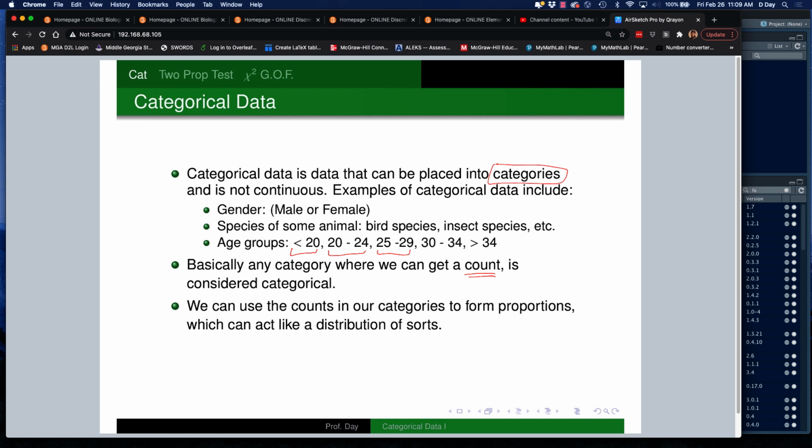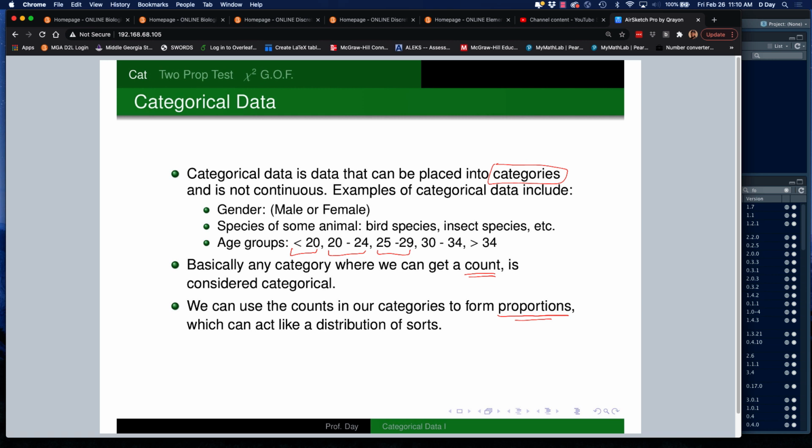We can use these counts in our categories to form proportions, which is what I was kind of talking about before. And like I said, we did the one prop Z test and one prop confidence interval as well for proportions already. And that was kind of a precursor to what we're doing today.